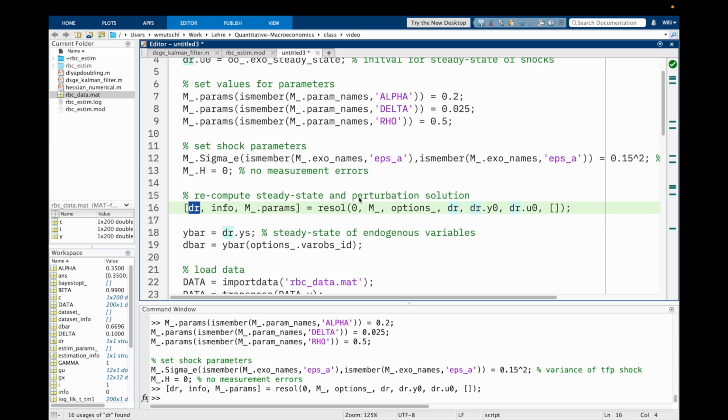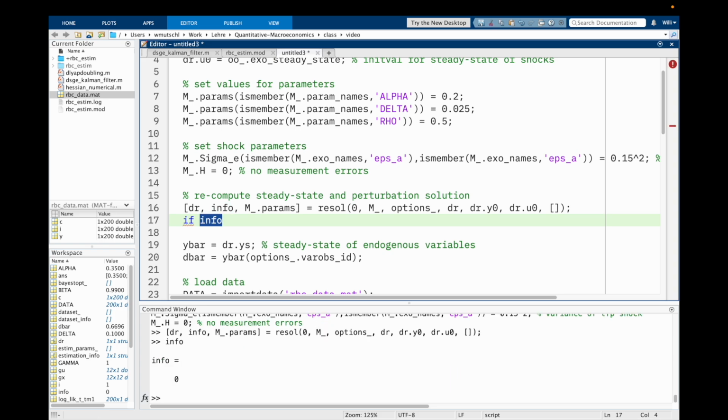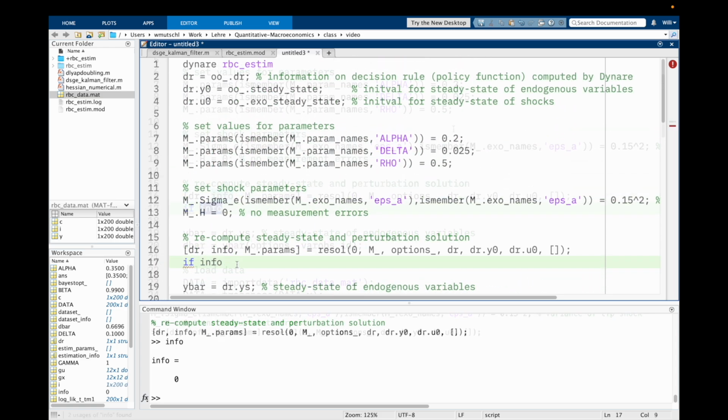So I've computed a new solution. We need to check whether the solution is valid, and whenever the info matrix is 0, all is good. Whenever this is non-equal to 0, something is wrong with the steady state or solution.